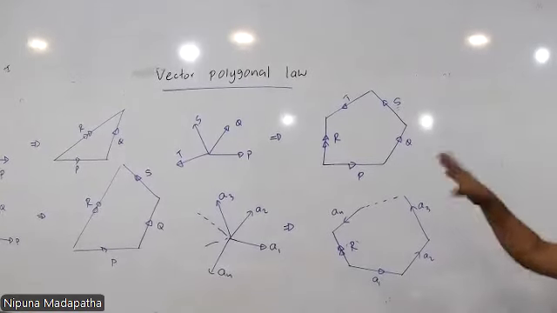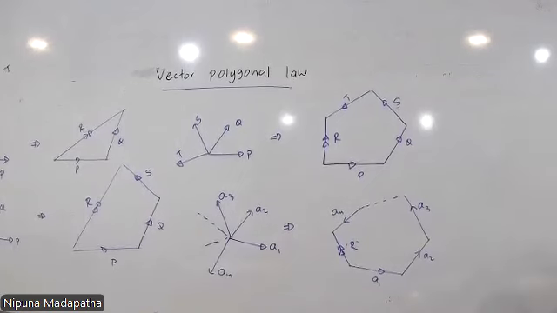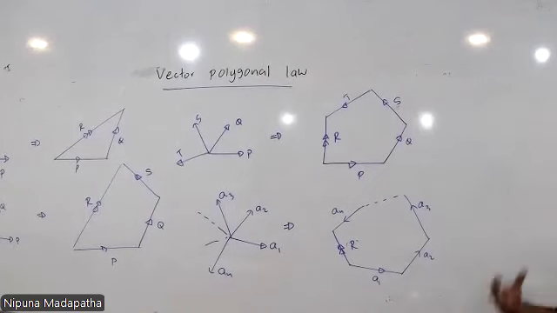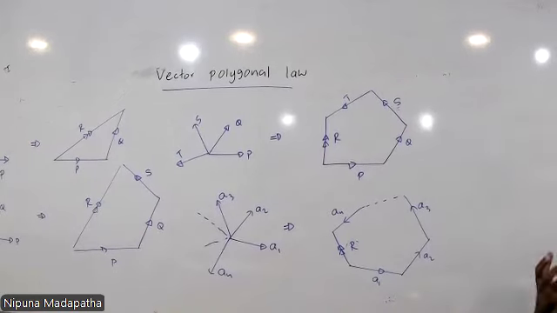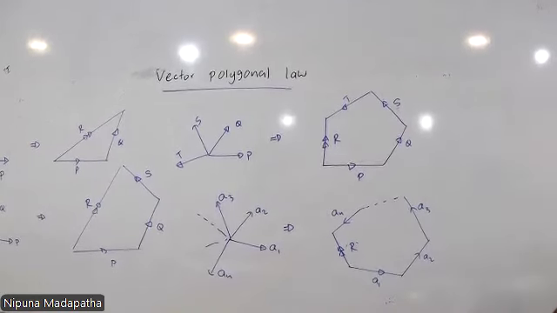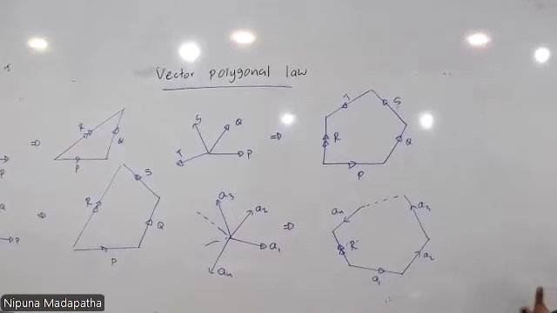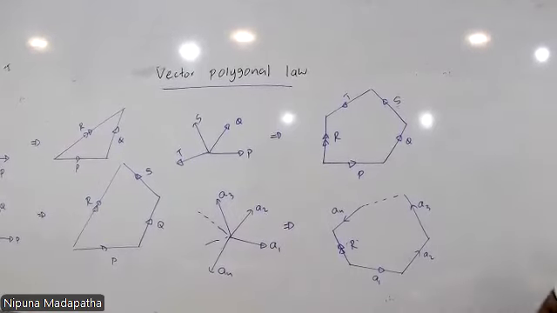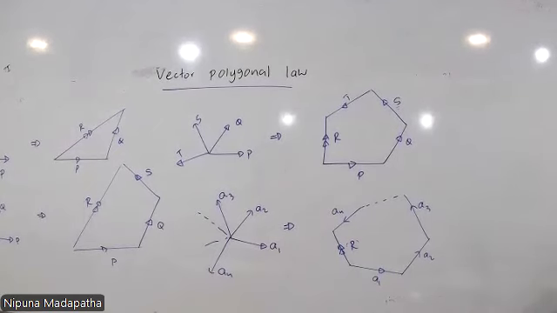So if you want to add n vectors, you draw a polygon with n plus 1 sides. You represent those n vectors in magnitude and direction by consecutive sides of the polygon taken in order.